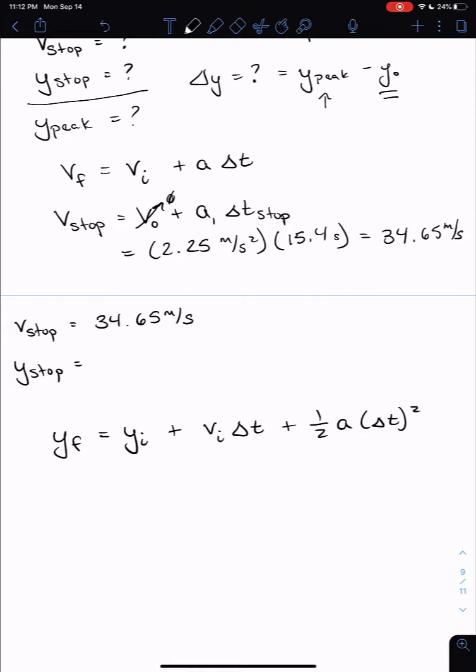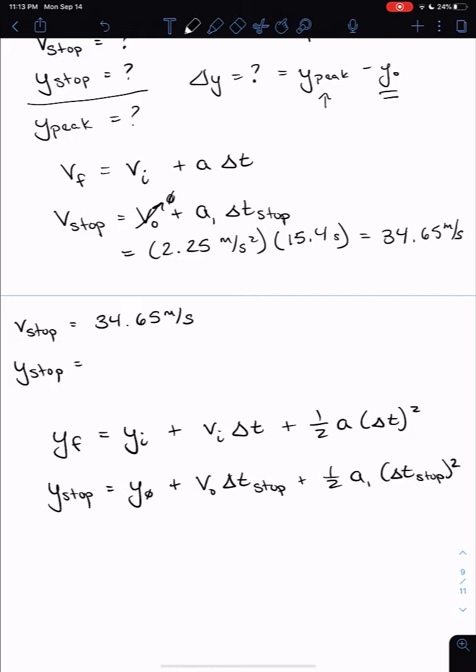So now if I plug this in using the notation we're using for this problem, this is going to be y sub stop. This is the initial position. This is my initial velocity times delta t stop plus 1/2 a1 delta t stop squared.